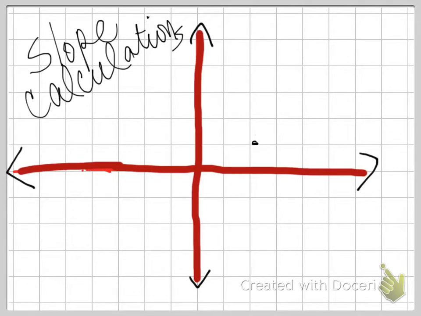So this dot there is at what point in the coordinate plane? So we know this is x, this is y.